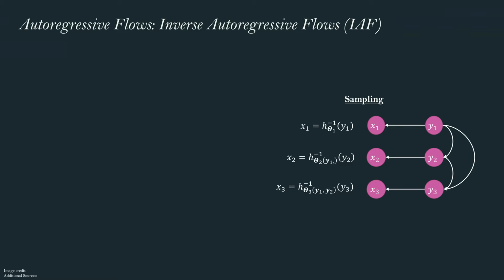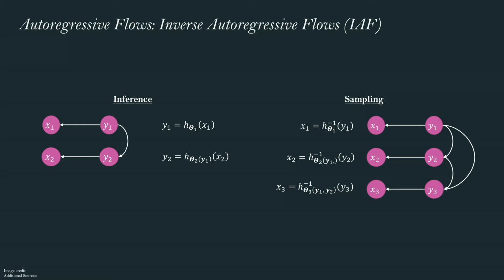Now, let's say we wanted to actually do inference here, which we've got to do when training. Well, let's say we start with x1. To get y1, that's pretty straightforward. Pass it straight on through. I forgot to reverse my arrows on this. y1 is just a function of x1. That's simple. y2 though requires the knowledge of y1, right? That conditioner, theta 2, is a function of y1.